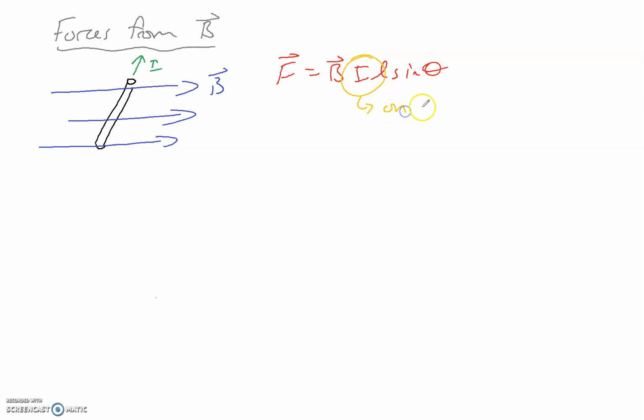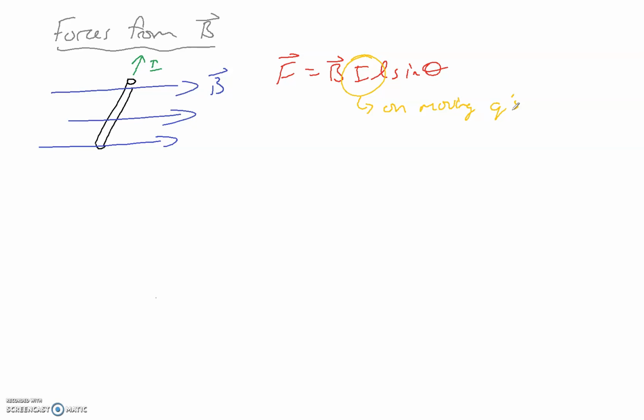The force is actually on the moving charges going through the wire. When the wire is in the magnetic field, you get absolutely nothing. It's only when the charges are flowing from one place to another that there is a force.